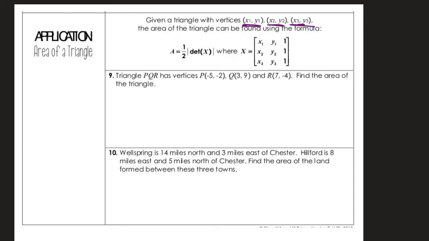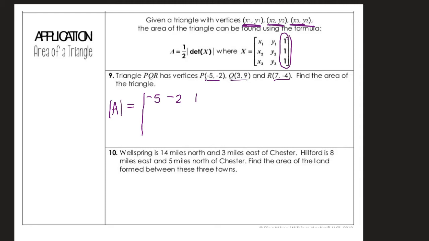So looking at number 9, the first thing you can do is set up a determinant using your ordered pairs, and then that third column is going to be a set of ones. So whenever you set this up, your determinant A is going to look like, and you're going to have -5 and then -2, and then we're going to put a 1 there, and that's just part of your formula.